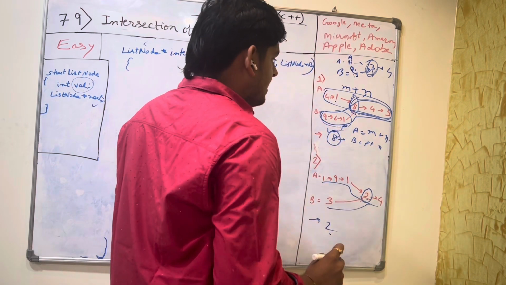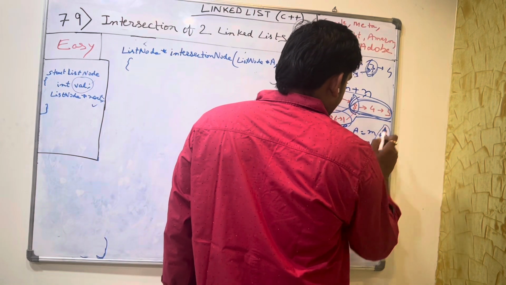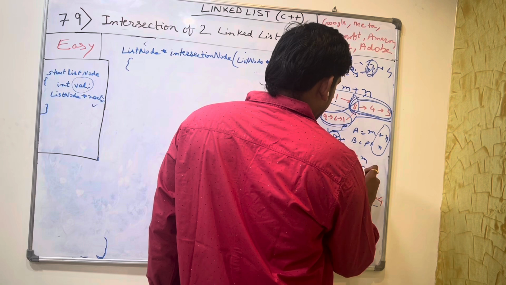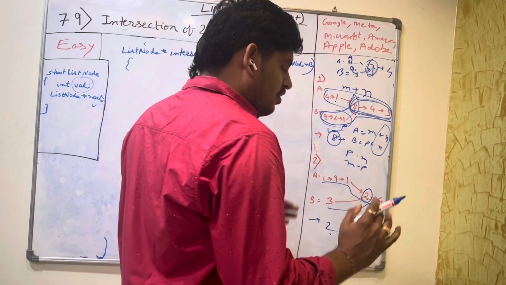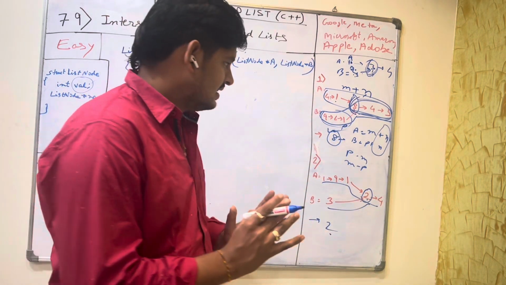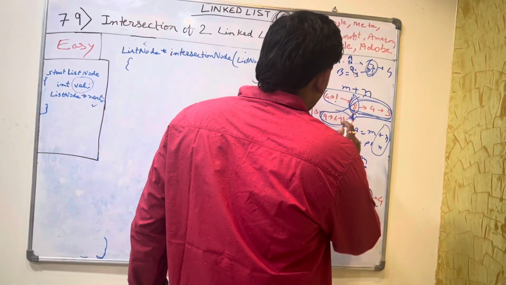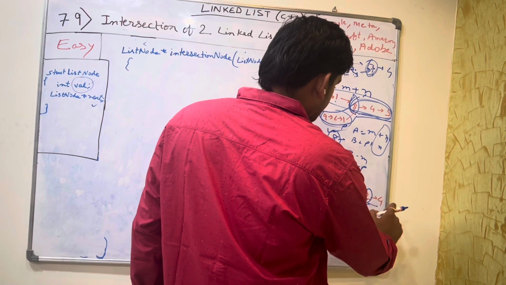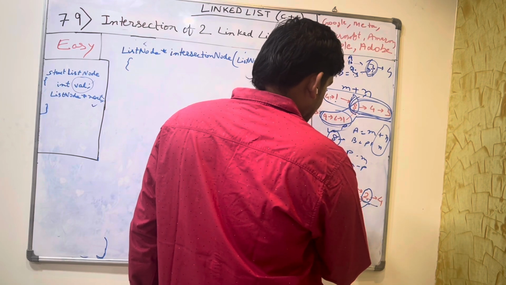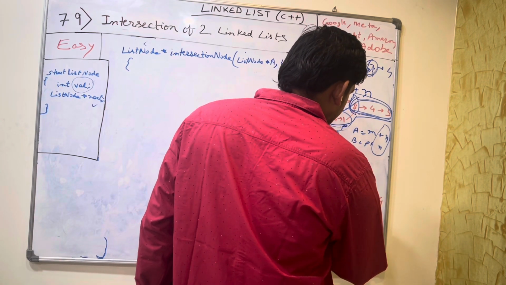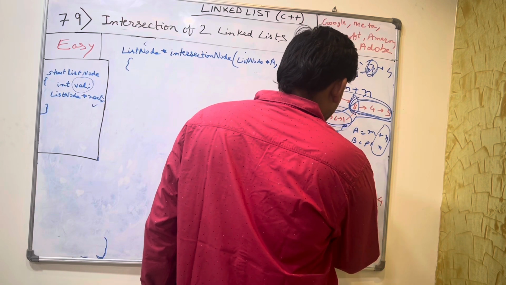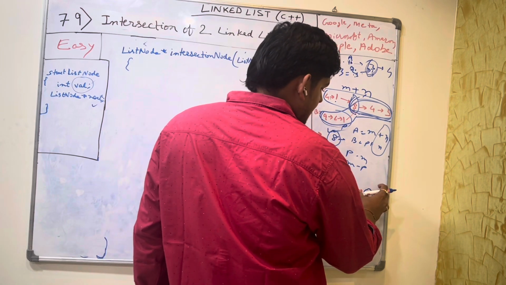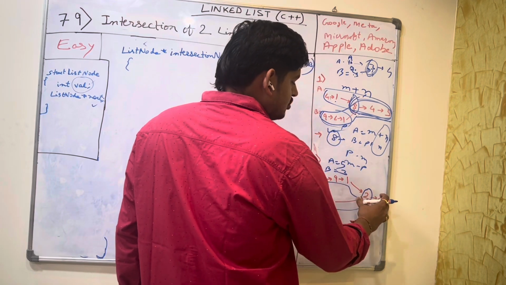Now the common part is the same, but the difference in size is either p minus m or m minus p, whichever is bigger. So in this example, 1, 9, 1, 2, 4 and 3, 2, 4, the size of A is 5 and the size of B is 3, but the common size is 2.